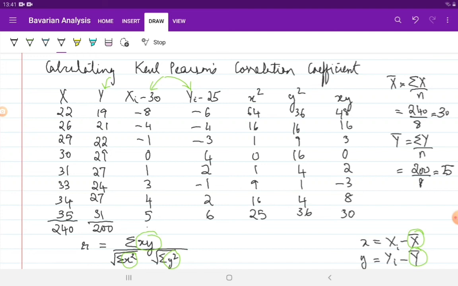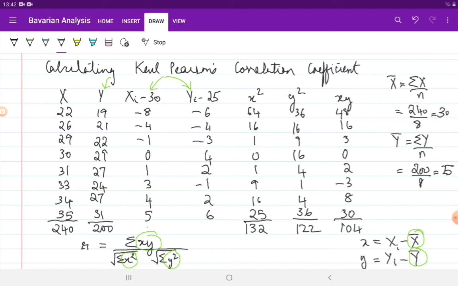Summation x square adds up to 132. Summation y square adds up to 122. Summation xy adds up to 104.